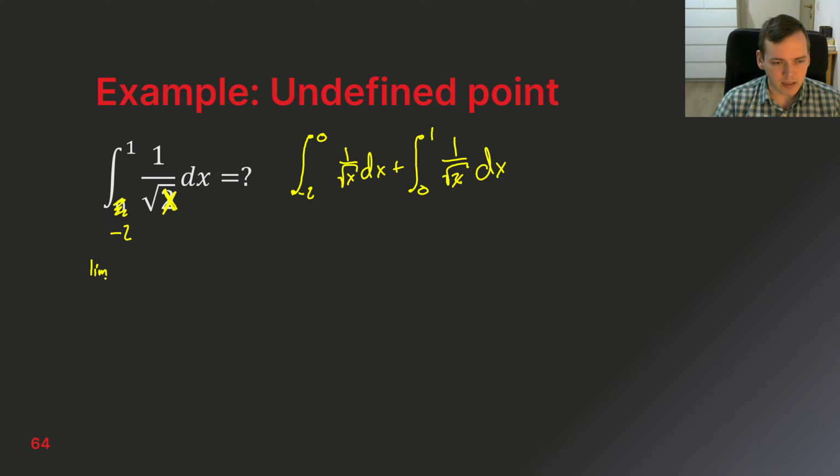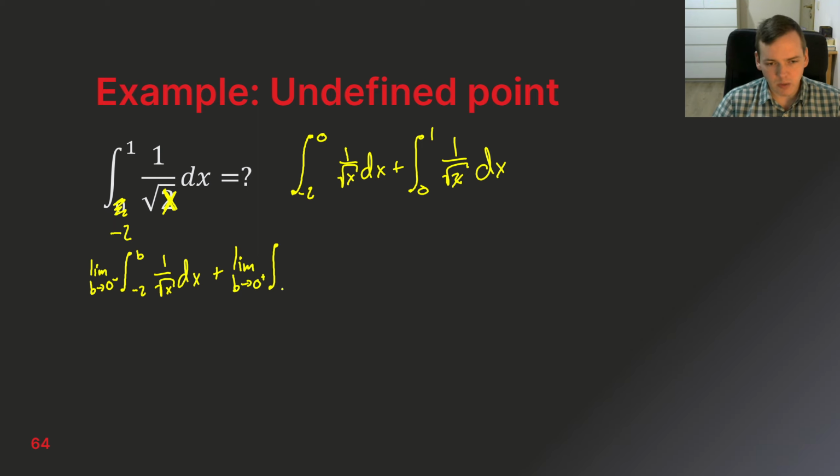Now we're going to take the limit as b approaches 0 of the integral from negative 2 to b, and this is going to be from the left-hand side, because we're coming from the left-hand side of 0, of 1 over square root of x dx, plus the limit as b approaches 0 from the right-hand side.